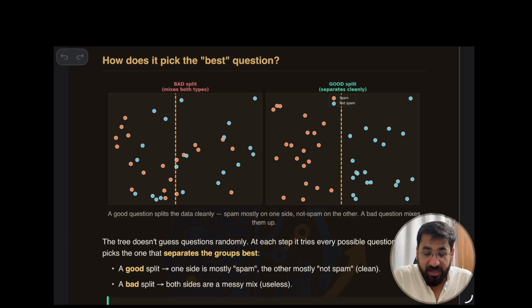So this is a bad split because they are intermixed. What is a good split? On the left side we have completely one type of ball, the orange balls, and on the right side we have completely a different type of ball, the blue balls. So this is a good split.